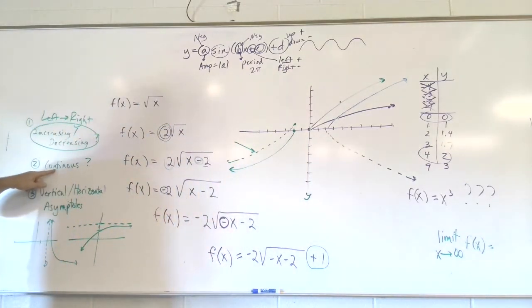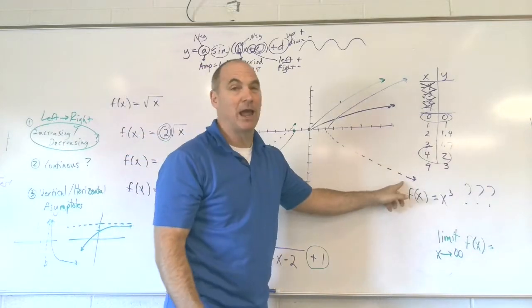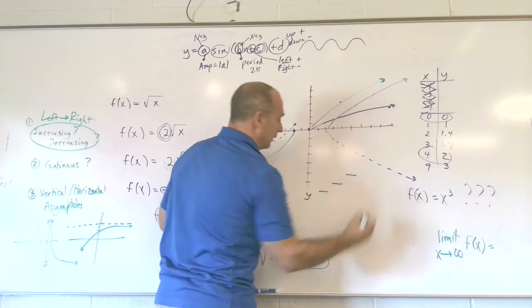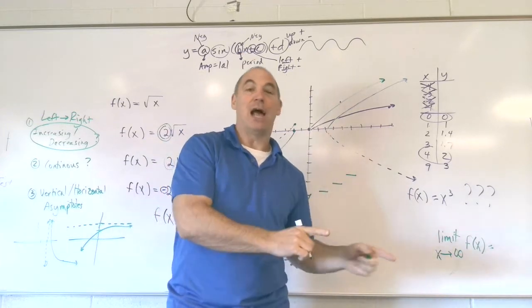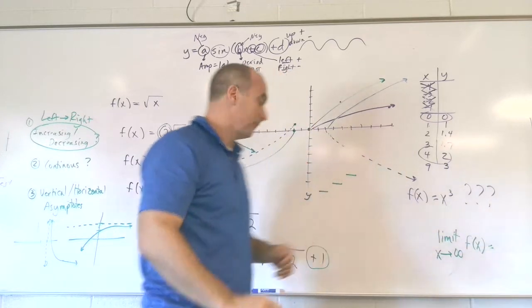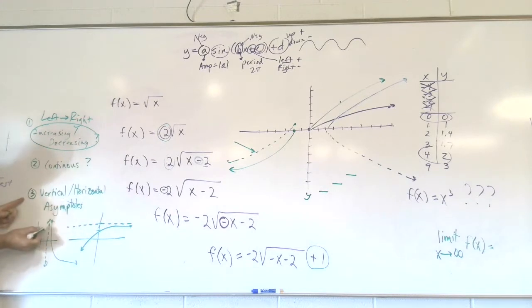Let's move on to this. Is it continuous? They're all continuous because there's no break in the graph. You'll see a couple of them that are super strange and they look like steps. They are not continuous because there's a break in the graph. Pretty simple. And then vertical asymptotes. Here's a vertical asymptote, and that guy's name is x equals 2.